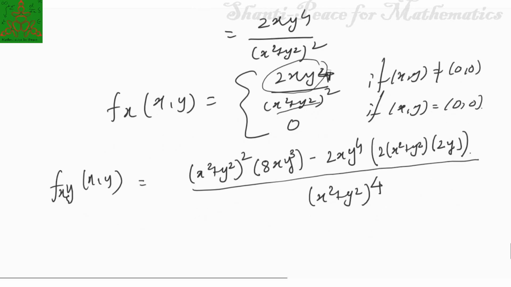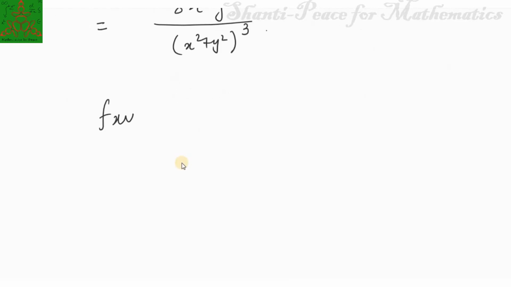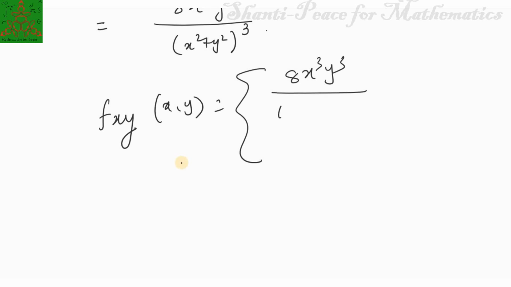If you simplify this quantity, you may verify that this will be 8x cube y cube upon x square plus y square whole cube. So finally, fxy at any point is 8x cube y cube upon x square plus y square whole cube if (x,y) is non-zero, and 0 if (x,y) is (0,0).